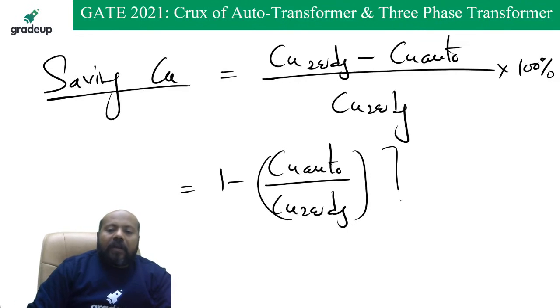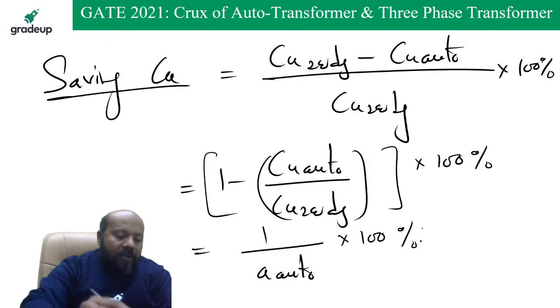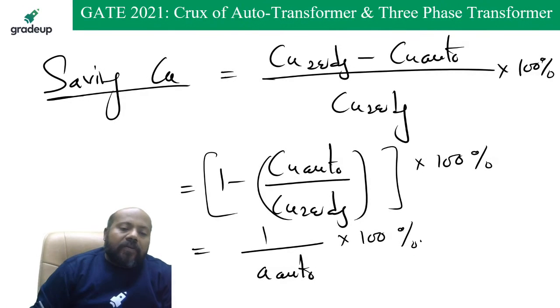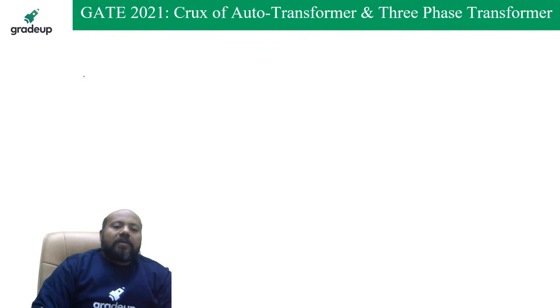Now you can put the values from the previous equation and you will get it as 1 upon the auto transformer turns ratio multiplied by 100 percent. Now this saving in the copper material tells you, my friend, why you are going to use an auto transformer.